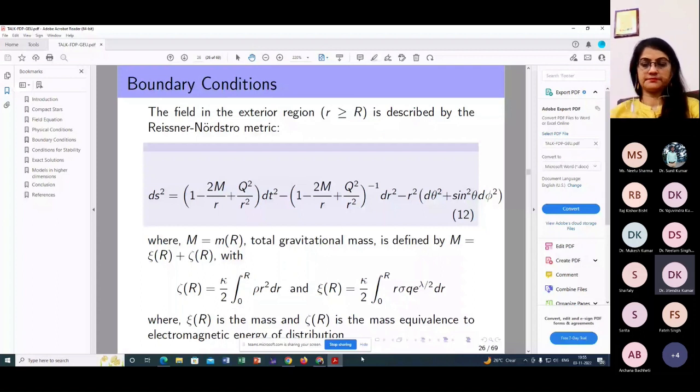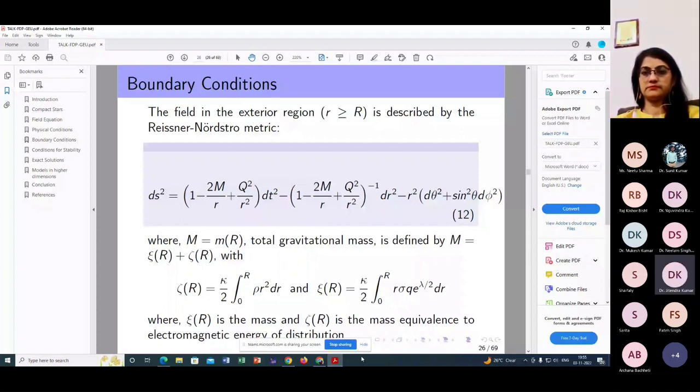with equation number 1 at small r equal to capital R, we will get e raised to power nu equal to 1 minus 2m over R plus q squared over R squared, at capital R. Here m is the total gravitational mass of the model, which is defined by xi of r plus zeta of r.